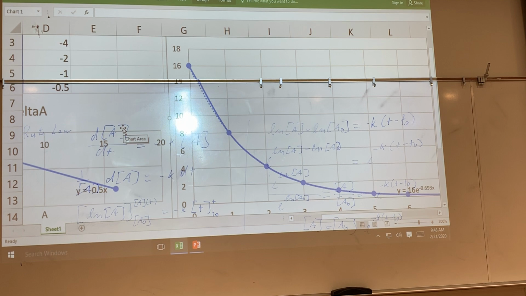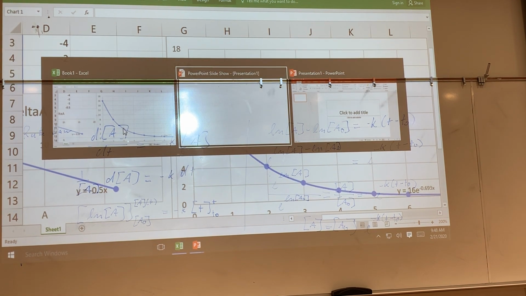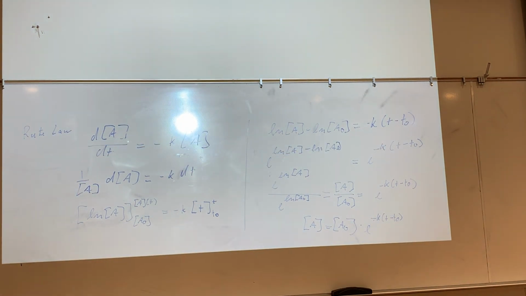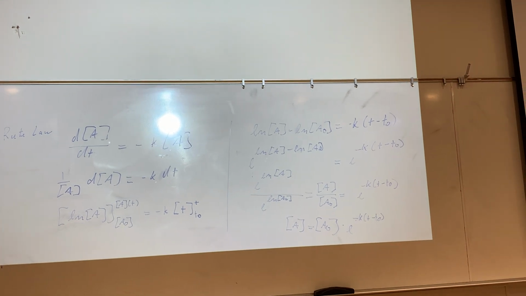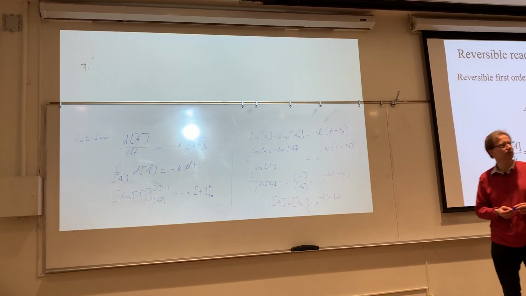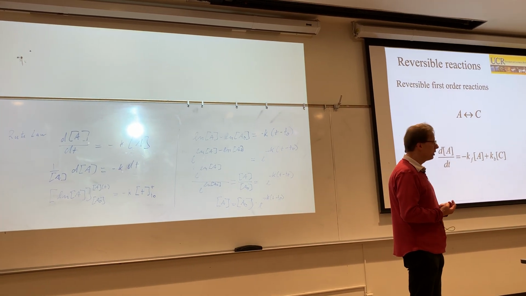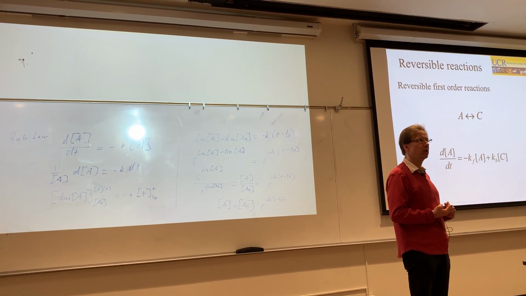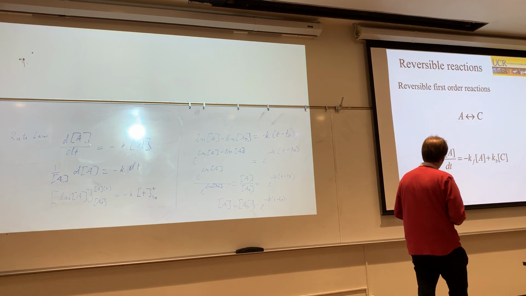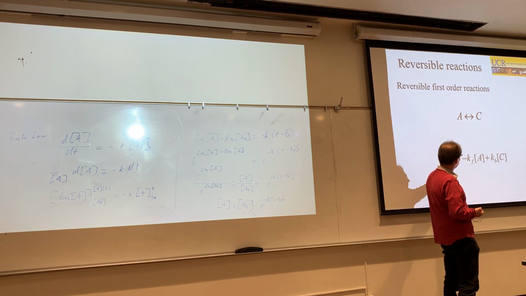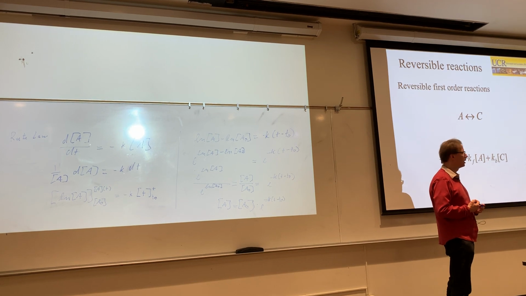Now, what then would be the case if I said what I'm interested in is this reaction, an equilibrium between the forward and the backward reaction? If I were interested in an equilibrium between the forward and the backward reaction, then I have this equation, correct?